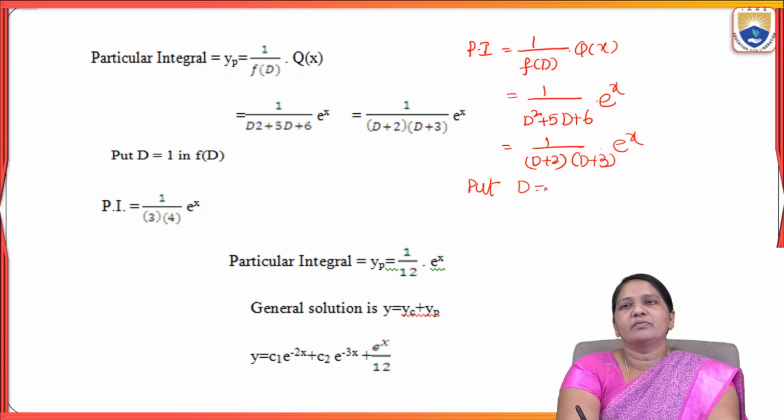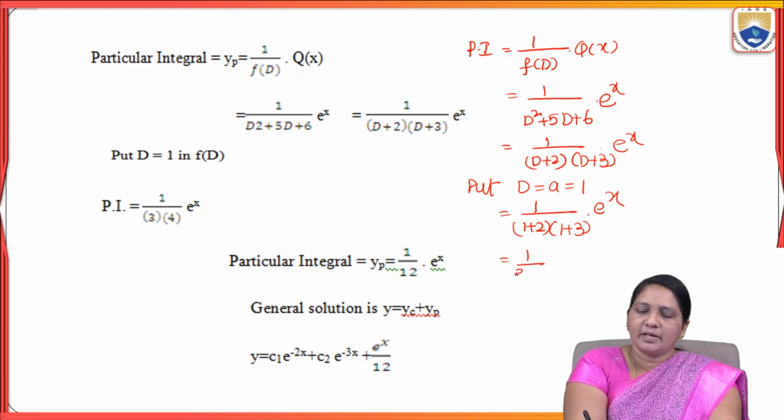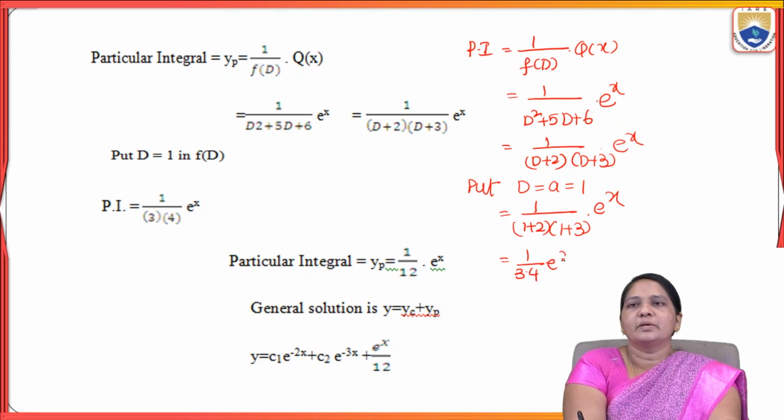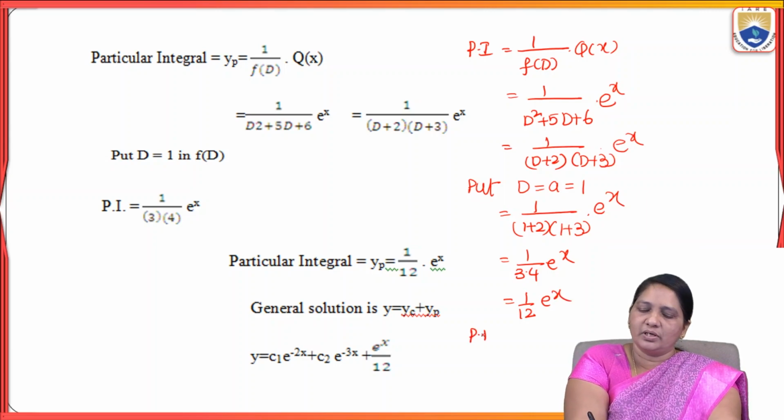Put D equal to a. So what is the a value here? 1. So finally here 1 by (1 plus 2) into (1 plus 3) into e power x. So 1 by 3 into 4, e power x. Finally what is this value? 1 by 12 into e power x. So this is the particular integral. So the particular integral equal to 1 by 12 into e power x.